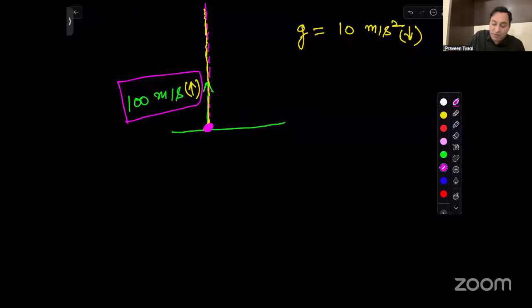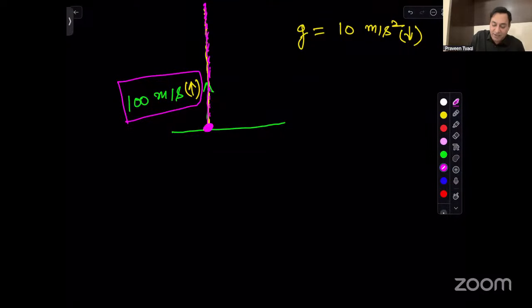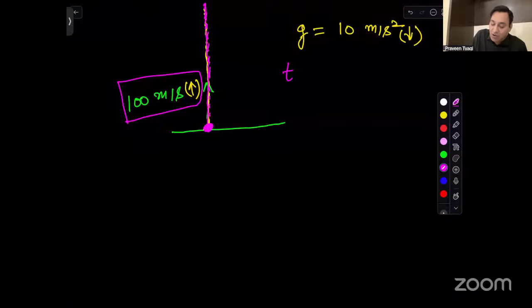Its speed will keep decreasing, and then it will reach the maximum height, and then it will start falling down, and finally it will reach back on the ground. What was the total time of flight? This was the question. And many of you have answered it to be 20 seconds.